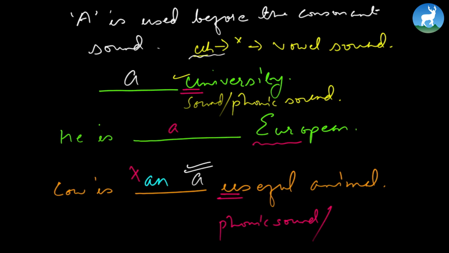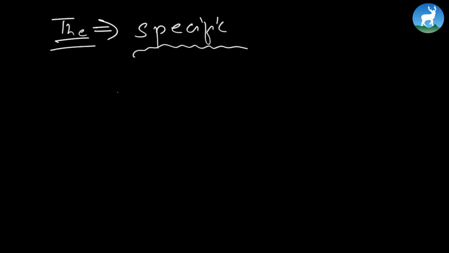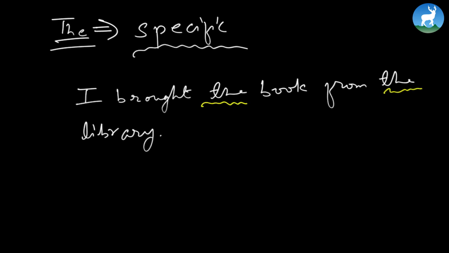So this is the concept of the article. One thing to notice: there is one more article called "the." The use of "the" is always something very specific. The person says, "I brought the book from the library." That means the person to whom this is being said knows what kind of book the first person is talking about.